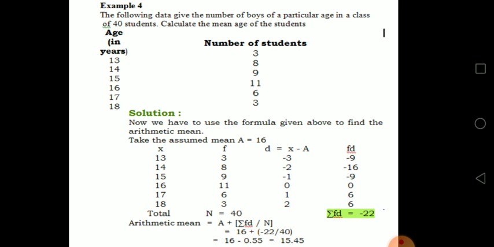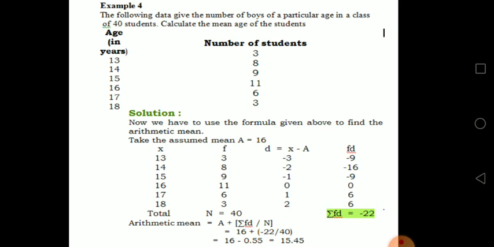Now we get the summation of the frequency times the deviation, and when we do that, we get minus 22. Then we divide by the number of observations, which is 40, then we add the assumed mean, and that gives us 16 minus 0.55.